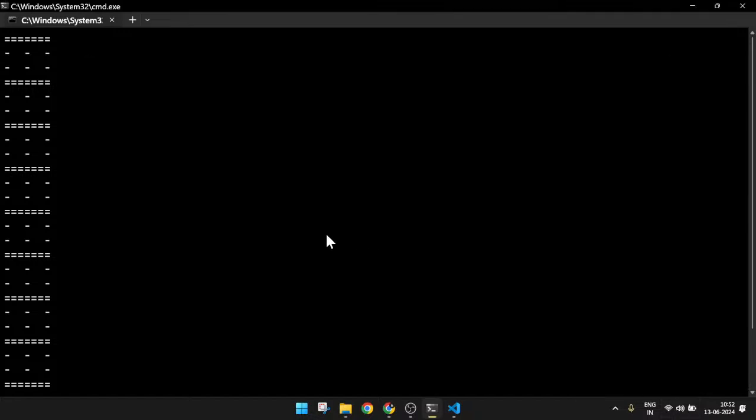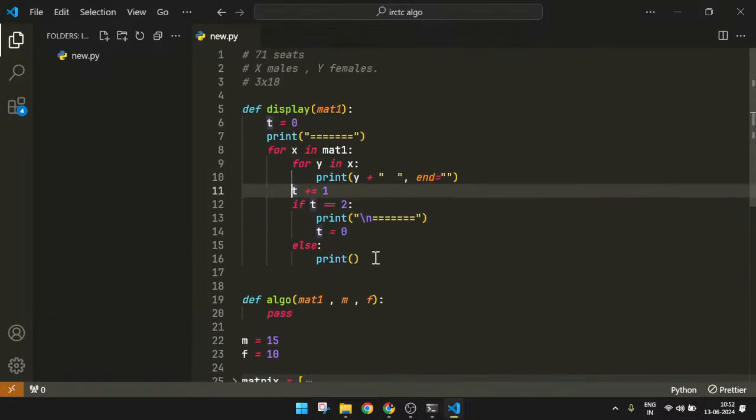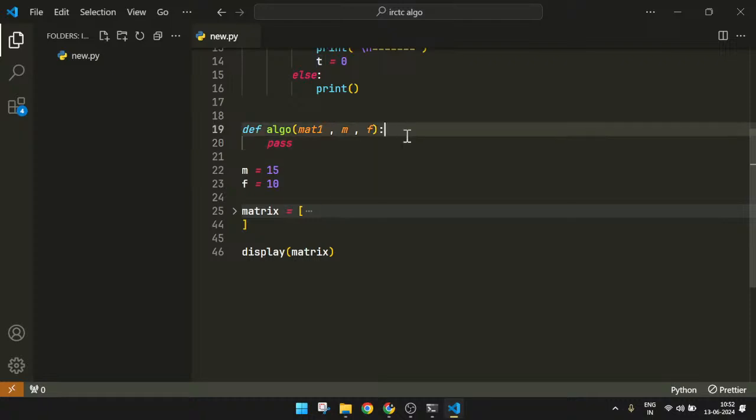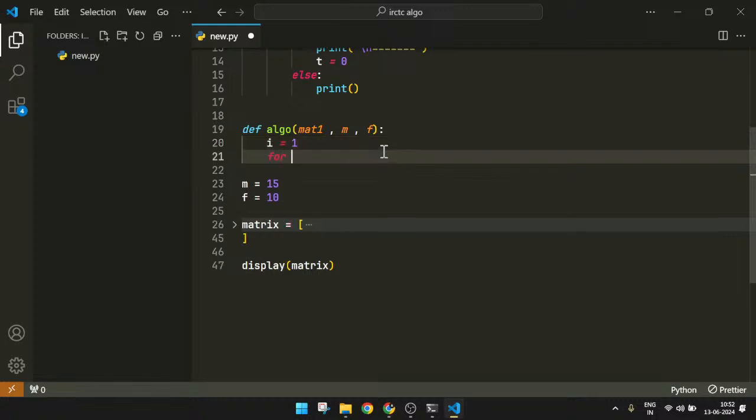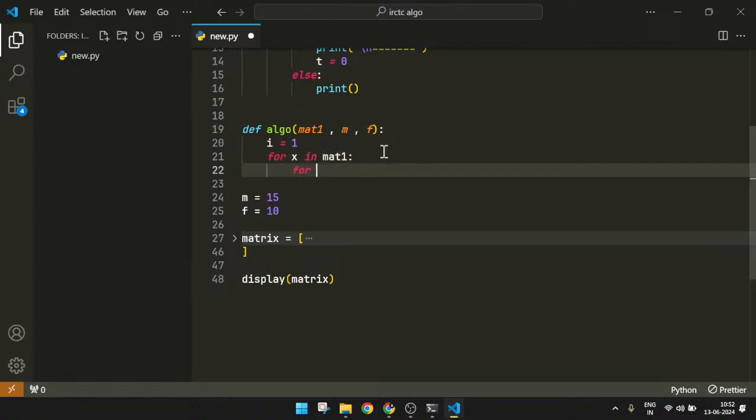Okay, let's just... What I'll do is, index will be one, a loop on... I don't need this.